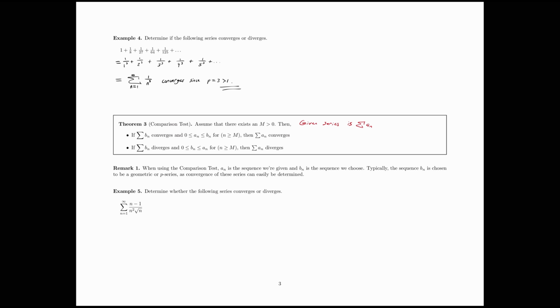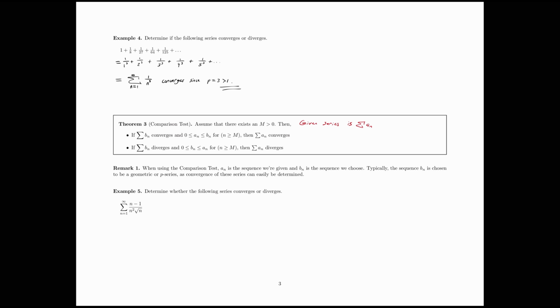Okay. So example 5, determine whether the following series converges or diverges. The way I personally think about and do these problems is, when we are given a series, look at it and ask yourself, is it geometric?